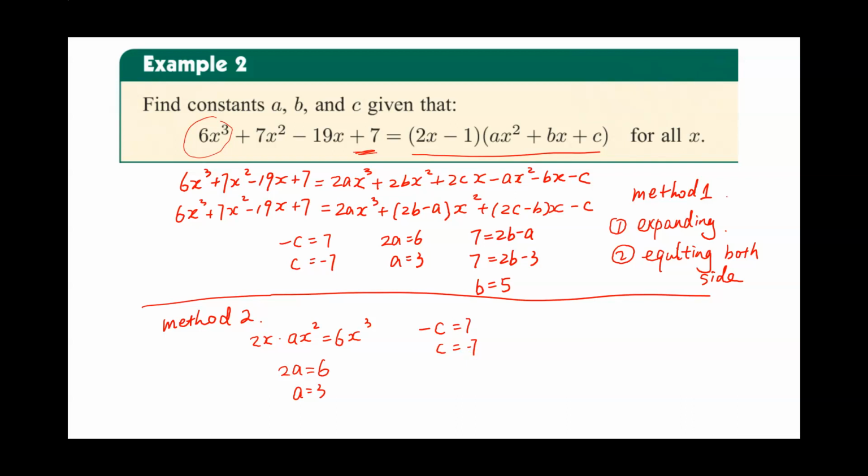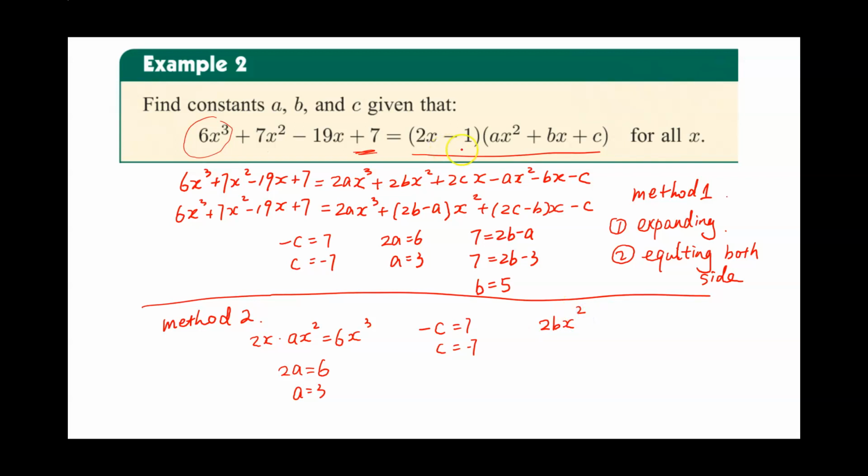And then you can choose which term you want to use. You can either use 7x to the power 2, or you can use -19x. So if I'm choosing to use 7x to the power 2, I have to find, after expansion, which terms times together will give me x to the power 2. If I'm using 2x, then it will have to be times 2bx. So one of the x to the power 2 terms will be 2bx to the power 2.